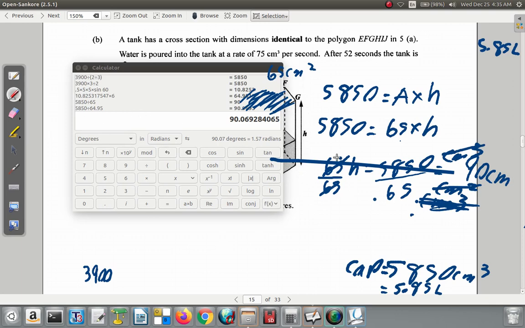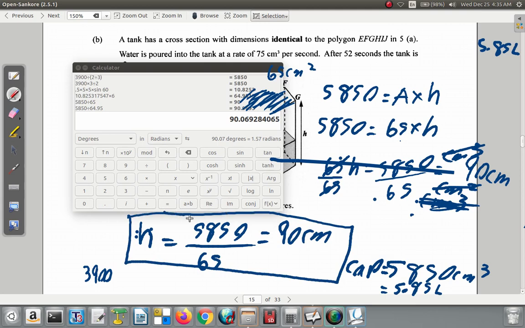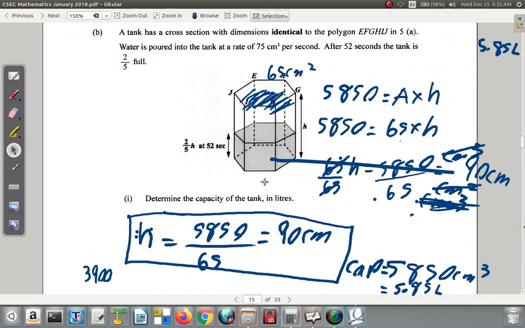So this is kind of crowded though. So let me rewrite it here. So in this case, the height would be 5850 over 65, which would be 90 centimeters. So this is our answer to that part of the question. Alright, so let's scroll back down and see what it says.